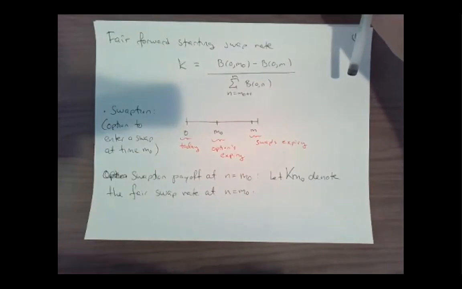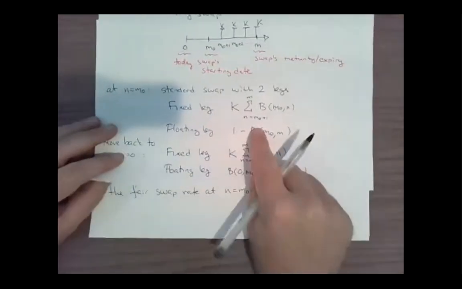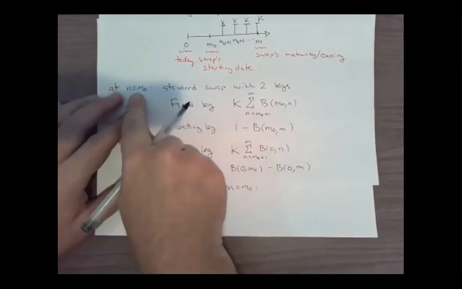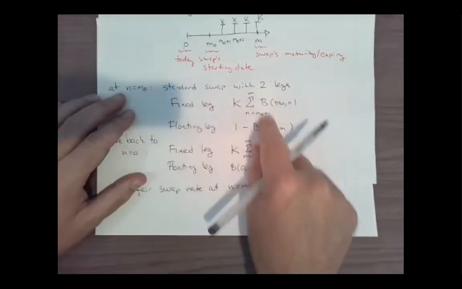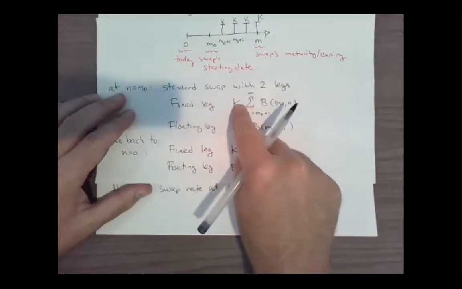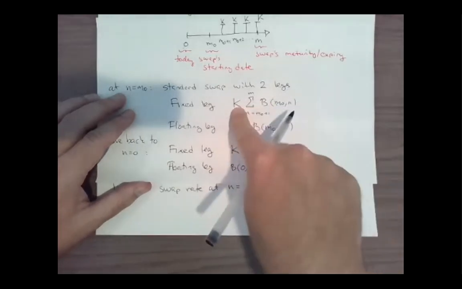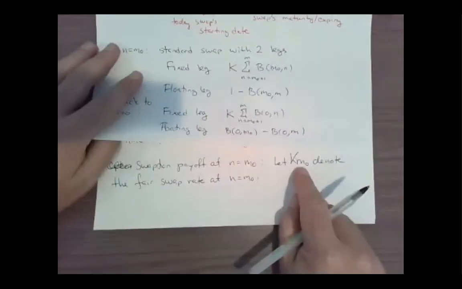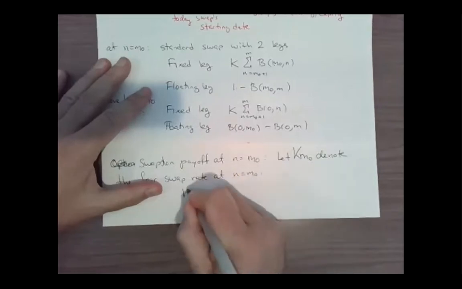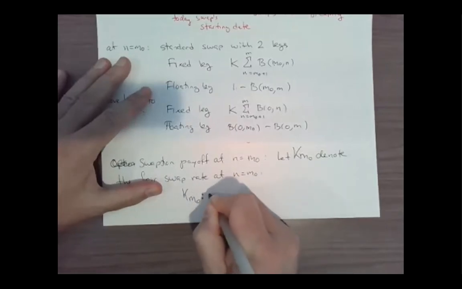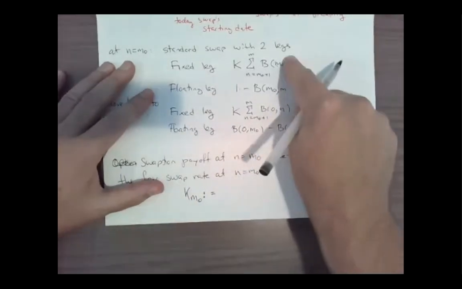When you have the value of the two legs that match up, this is my K, and let me denote that by KM0. So KM0 is such that these two match up.